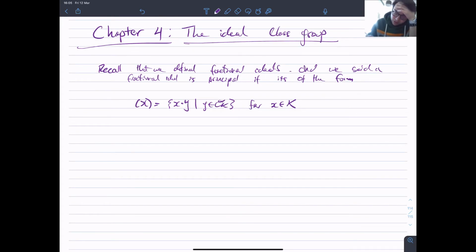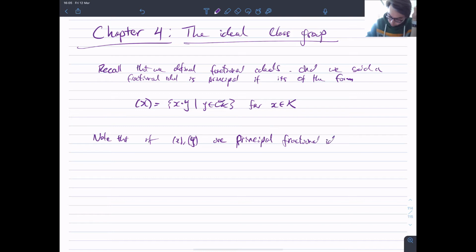And the thing to note is that if you have 2 fractional ideals, you can multiply them together and you get another fractional ideal. So note that if x and y are principal fractional ideals, so is their product xy, which is just going to be the ideal generated by xy.